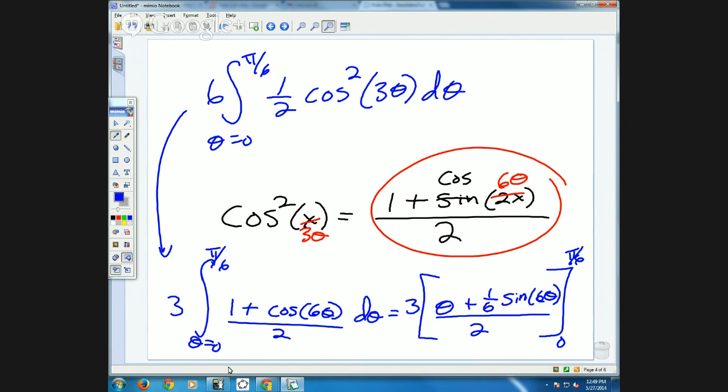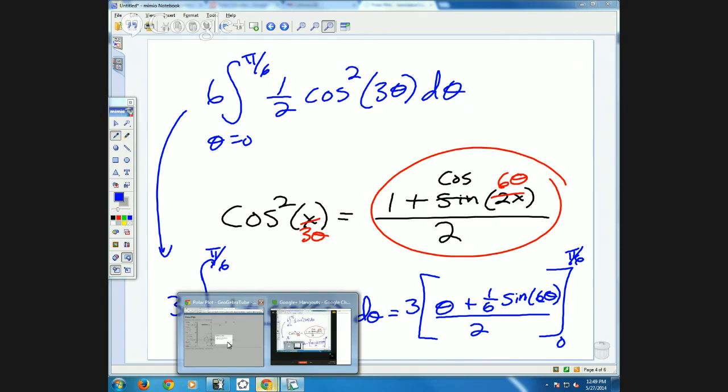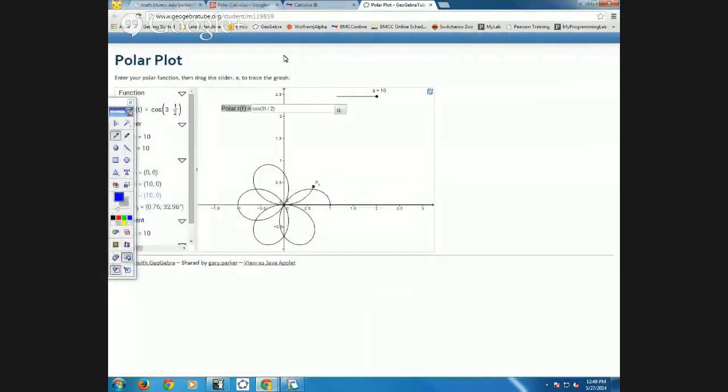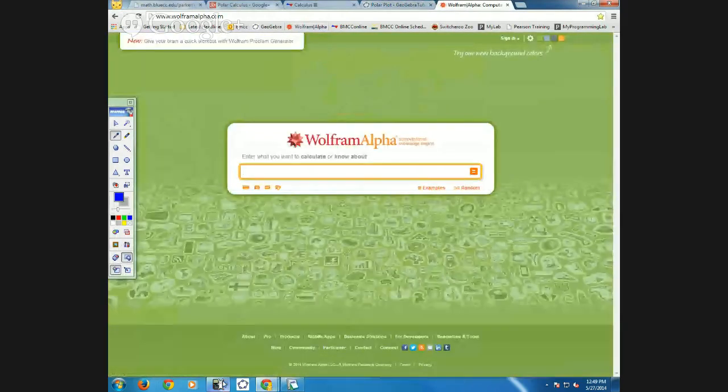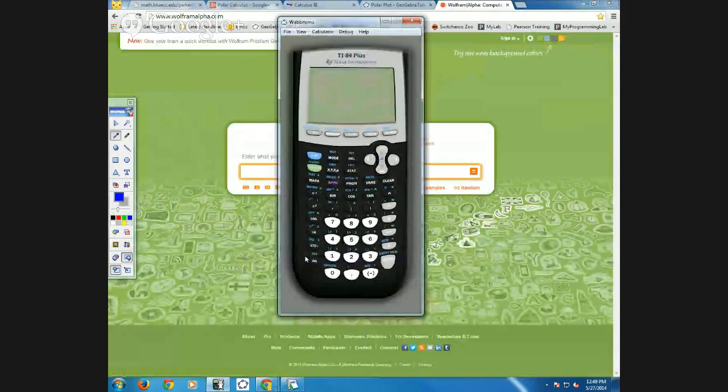You guys try the calculator. I'm going to try Wolfram Alpha. How do you do them on the calculator? Oh, mine does not. Oh yeah, fnInt, that's it. Okay, so I want to go from 0 to pi over 6.